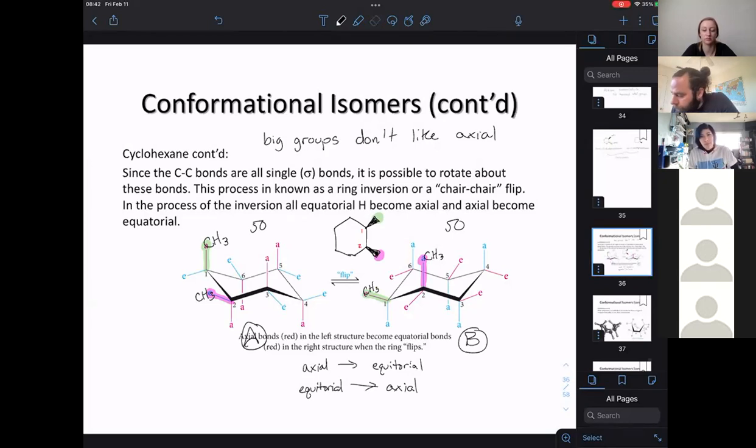Okay, let's just do a bunch more here because I know this is kind of weird. We've got to go through and match, and then figure out which conformation is going to be more stable.